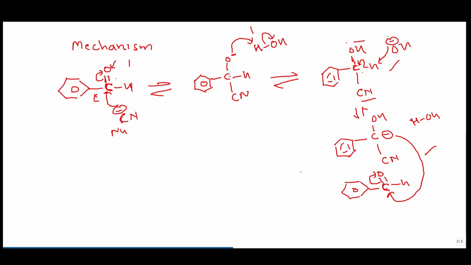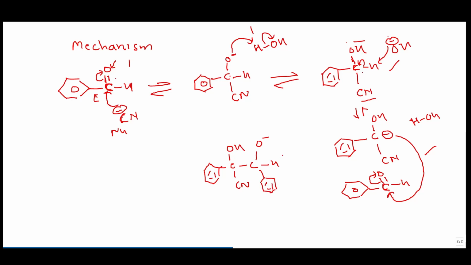So, it may break to produce a species like this. See, there is a carbon carbon bond, and you have an oxygen negative charge, then hydrogen and a benzene ring.